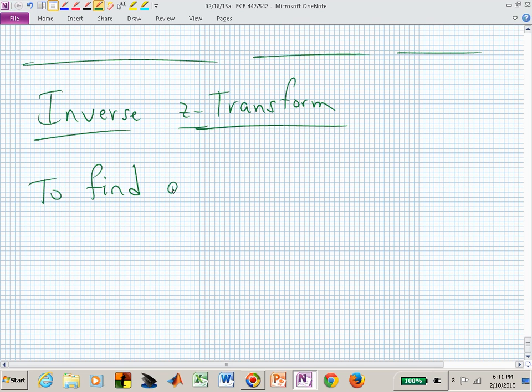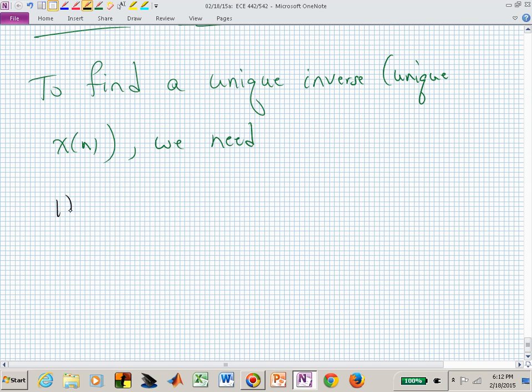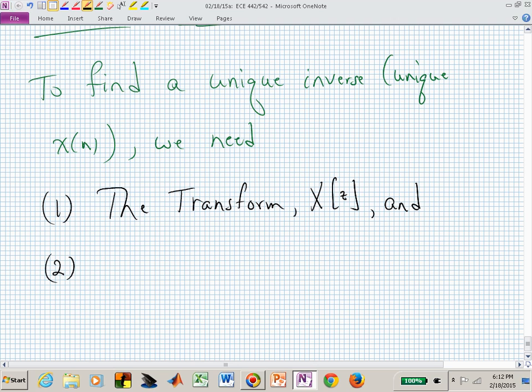To find a unique, let's say, to find a unique inverse, let's say, x of n, we not only need to know the transform, capital X of Z, but we also need to be told what is the region of convergence.